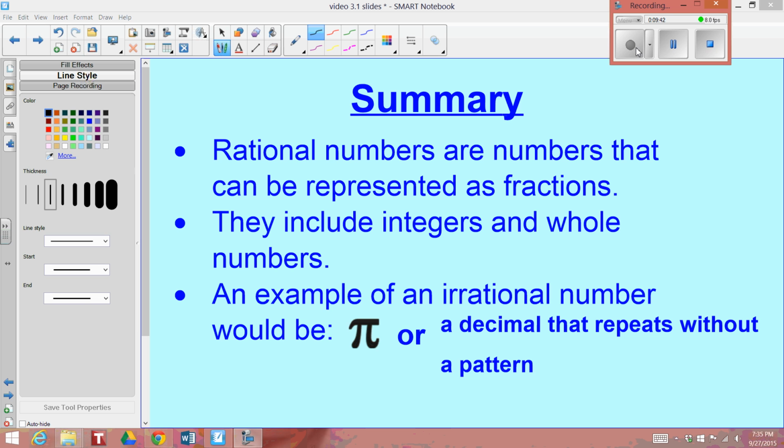And a good example of an irrational number would be pi, or a decimal that repeats without a pattern. So if it just goes on and on and on, no pattern at all, then those are irrational numbers.